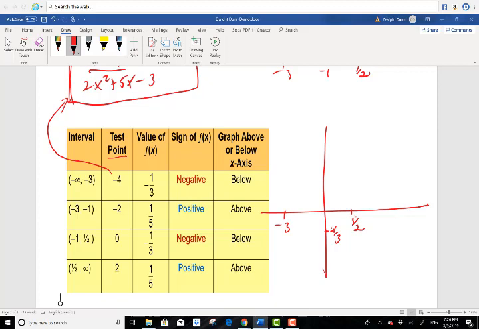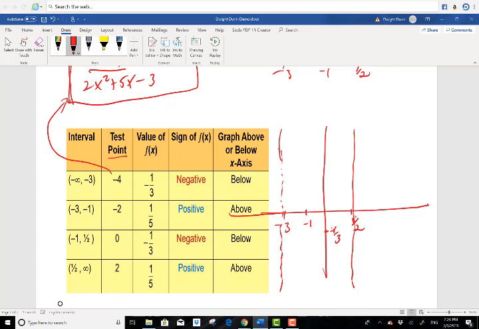The x-intercept is going to be -1. So for the vertical asymptotes, we put some dotted lines coming down. And then we're going to look now at the different intervals. We also know that the x-axis right here is going to be the horizontal asymptote.